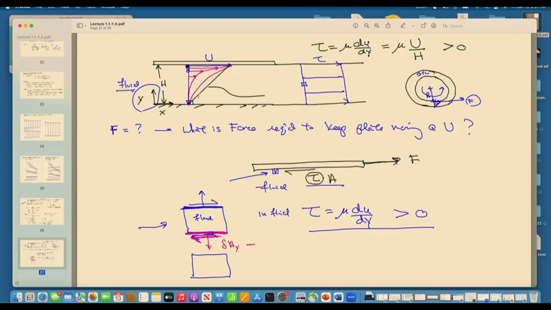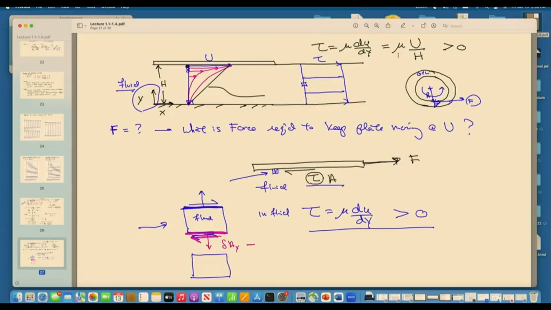And for this linear velocity distribution, you can see that the shear stress is a constant. So if I want to plot the shear stress profile, this was the velocity profile, how the shear stress varies along this vertical is just a constant.